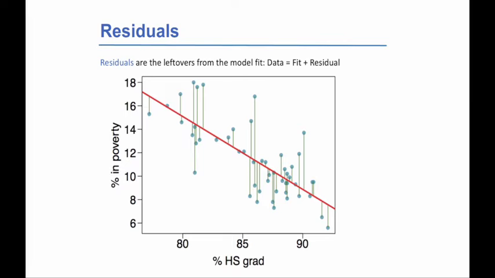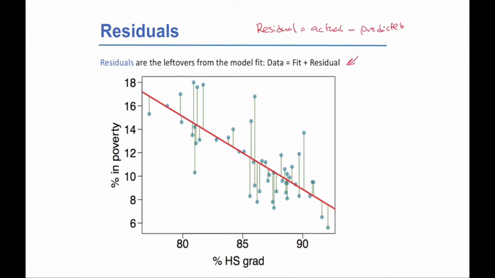Residuals are the leftovers from the model. So the data point is the fit, the predicted point based on the model, plus the residual. Or more often, what we're going to do is say that the residual is the actual minus the predicted.